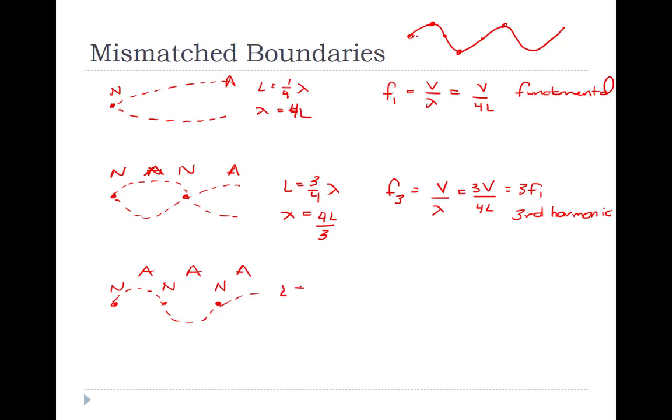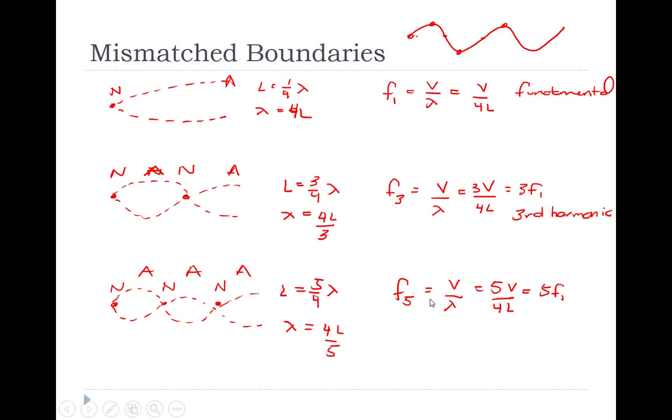So L equals 5/4 lambda, or in other words, lambda is 4L over 5. Putting in the other side of the envelope and coming to F equals V over lambda, that would be 5V over 4L, or in other words, 5F1. So this is the 5th harmonic.